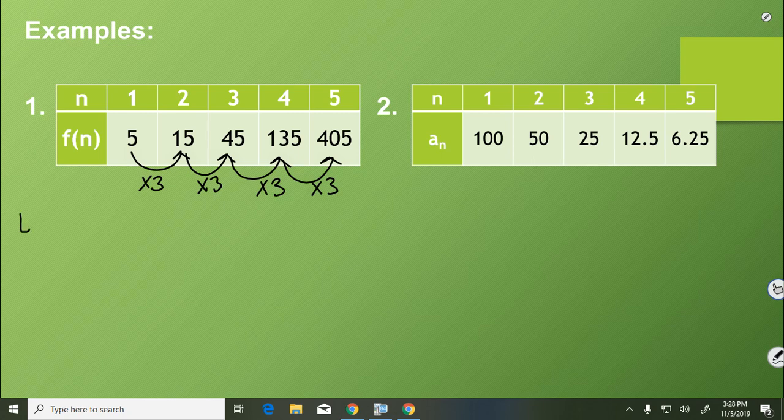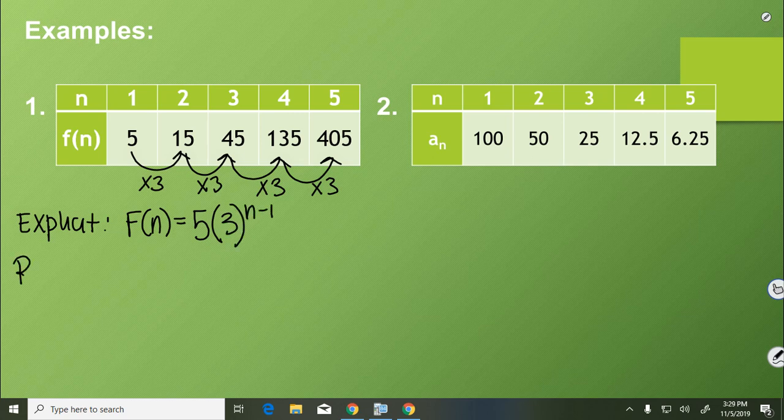So explicitly, this would be f(n) = 5, the first term, times 3 repeatedly, to the n-1.